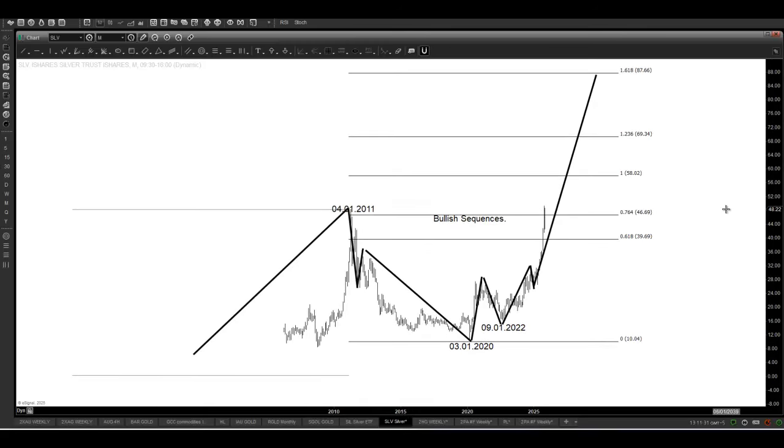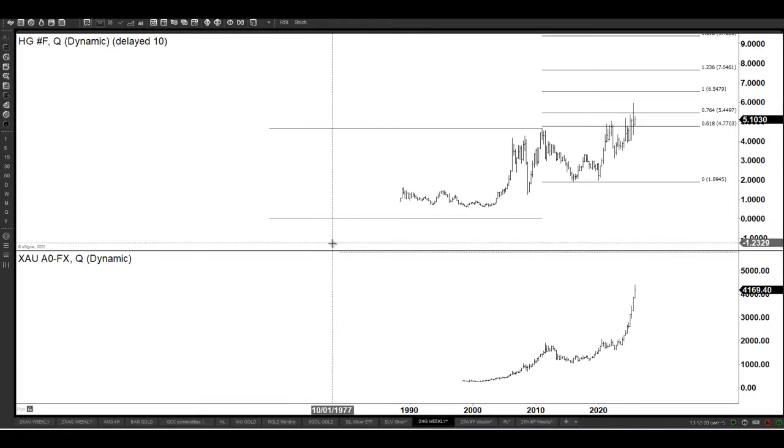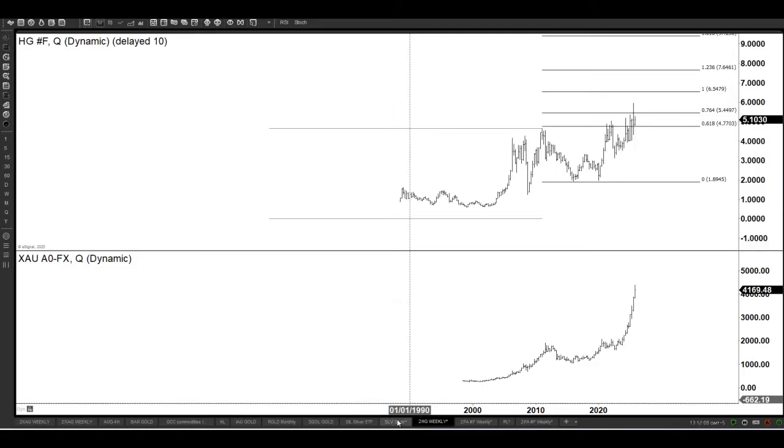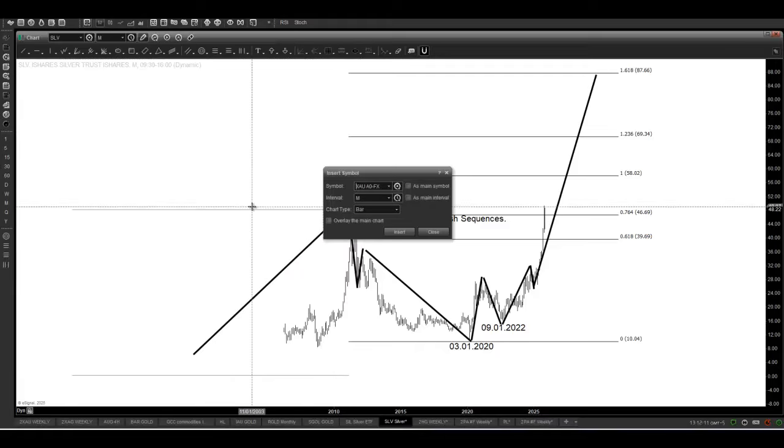And that is in full agreement with what the others are saying, with what copper is saying. This is no casualty. You go and you take here copper and you put it on top of this ETF, and what do you have?